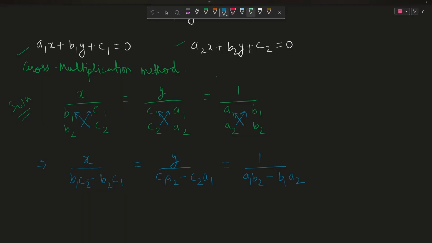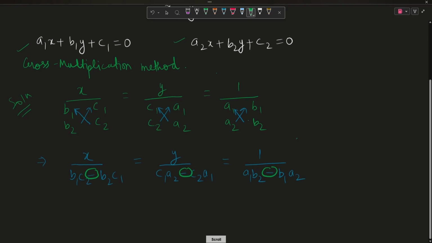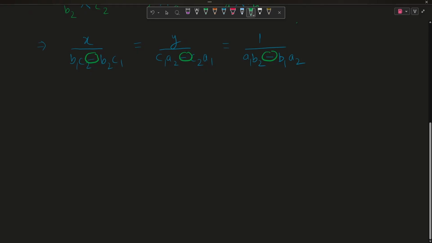This minus sign which I have put in between is basically done to subtract these two values when they are multiplied, right? To be more precise, the difference of these two values gets us the values of x and y.